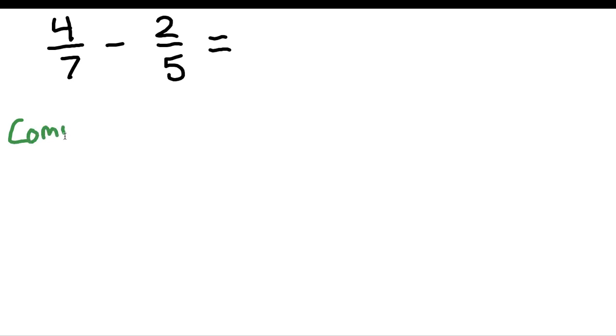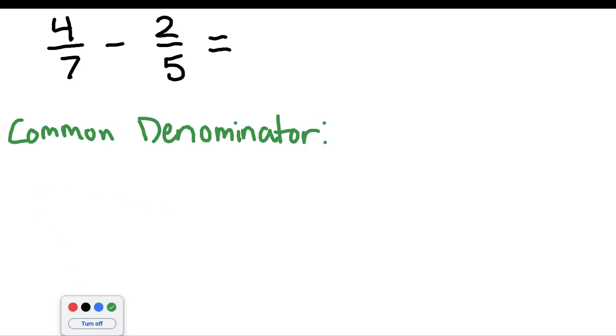Let's do a second example. So we've got 4/7 minus 2/5. Okay, so our first step, again, common denominator.